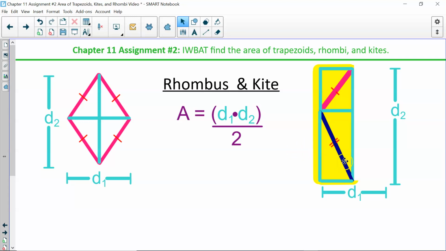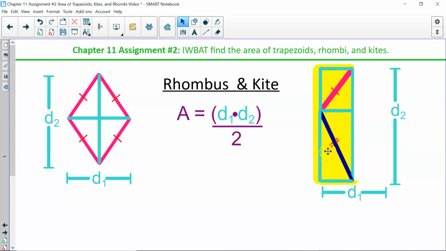So let's see how that area formula for a rectangle can be used for this yellow rectangle. And remember, this yellow rectangle does represent the entire area of that original kite that I had, because I just copied that right-hand side and moved it over to the left and lined it up after I flipped them around.